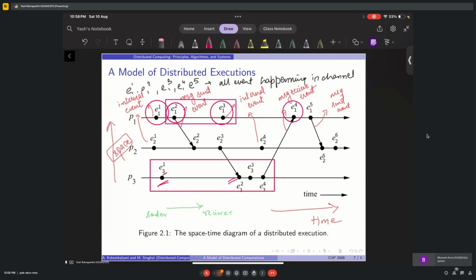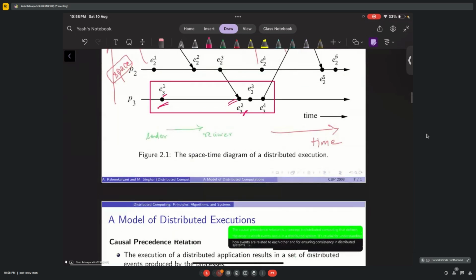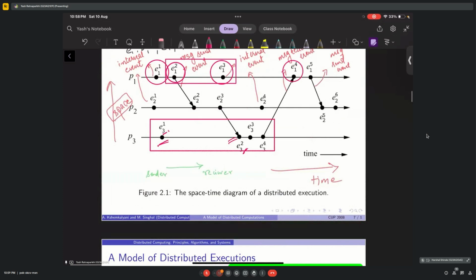The lower index. Why? Because they both are of the same process. So in this case i and j should be equal. That's what is given: i equal to j. And this is basically i comma j below and x comma y above. So what it is trying to say is that i should be equal to j, meaning they should all be of the same process, and x should be less than y.